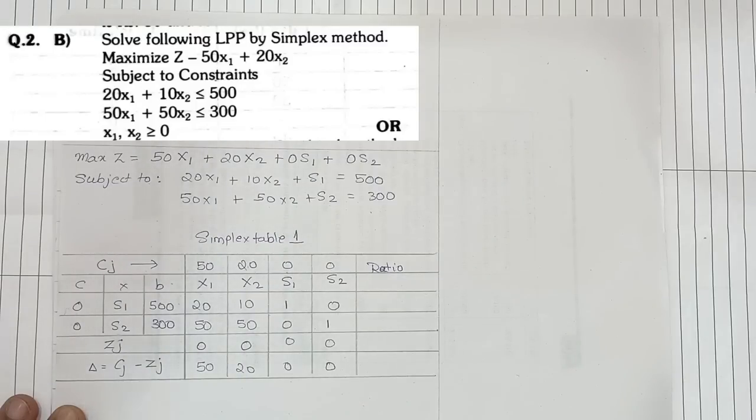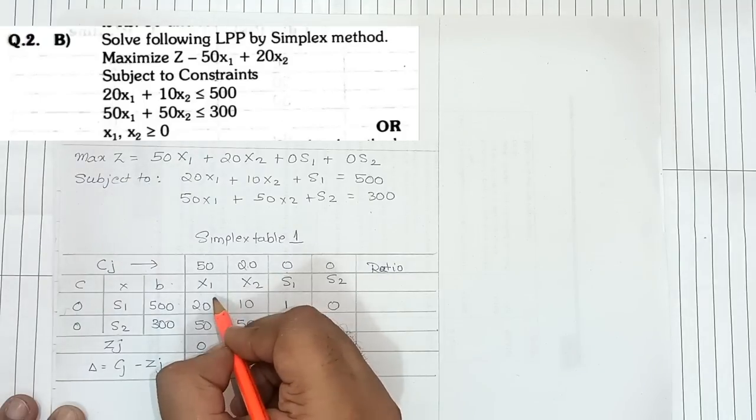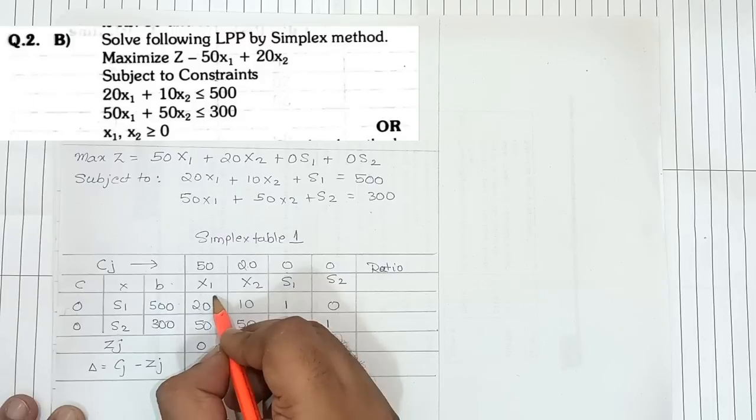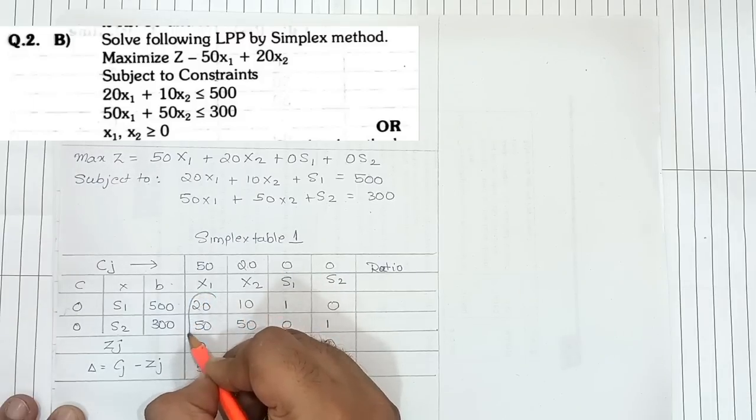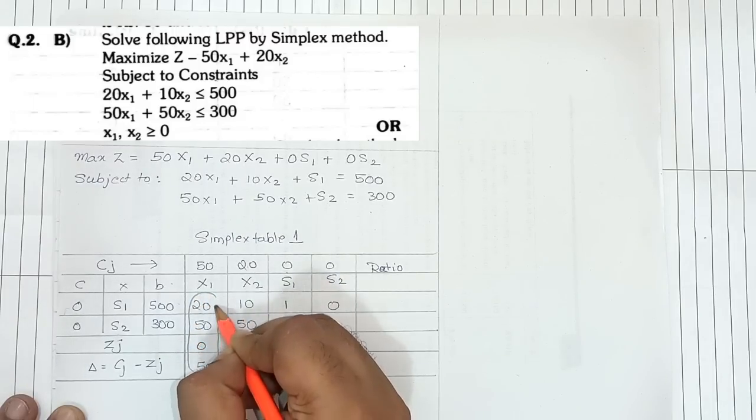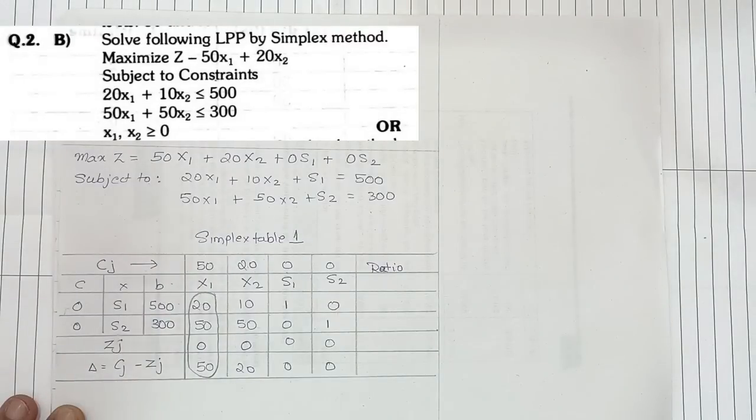First step, select the highest value from the change row. Here the highest value is 50. So this becomes our key column that we have to remember.